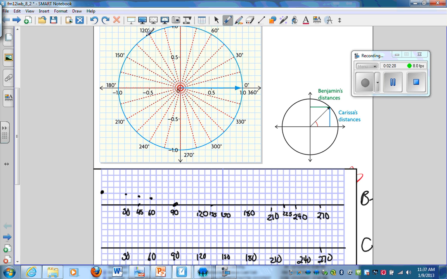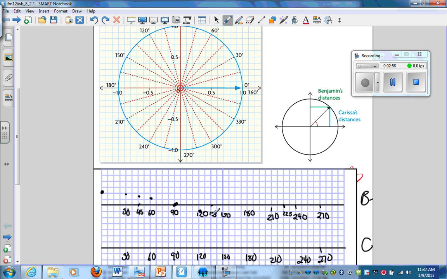Now let's look what happens when we go to 120. My distance is now negative because I'm in this direction. So at 120, I'm about negative 0.5. Okay, and 135, that's this point right here. 1, 2, 3, 4, 5, 6, 7, negative 0.7.